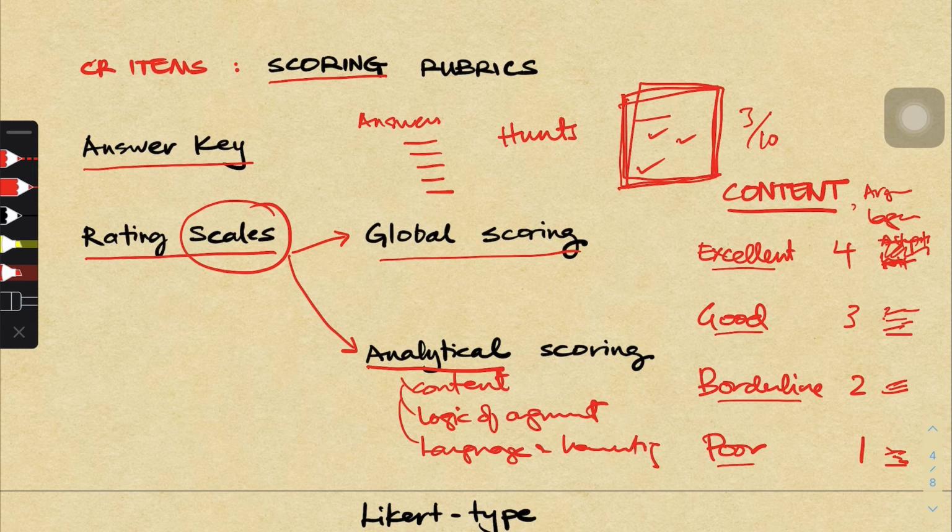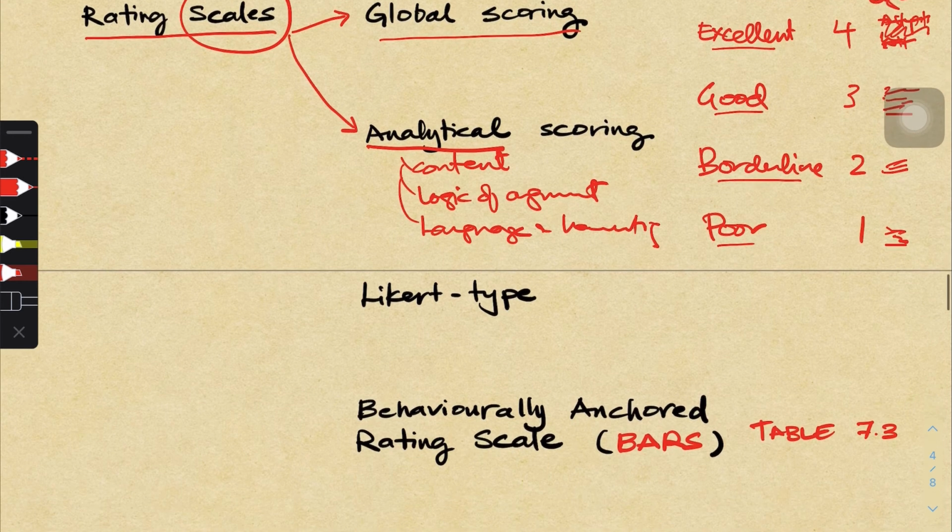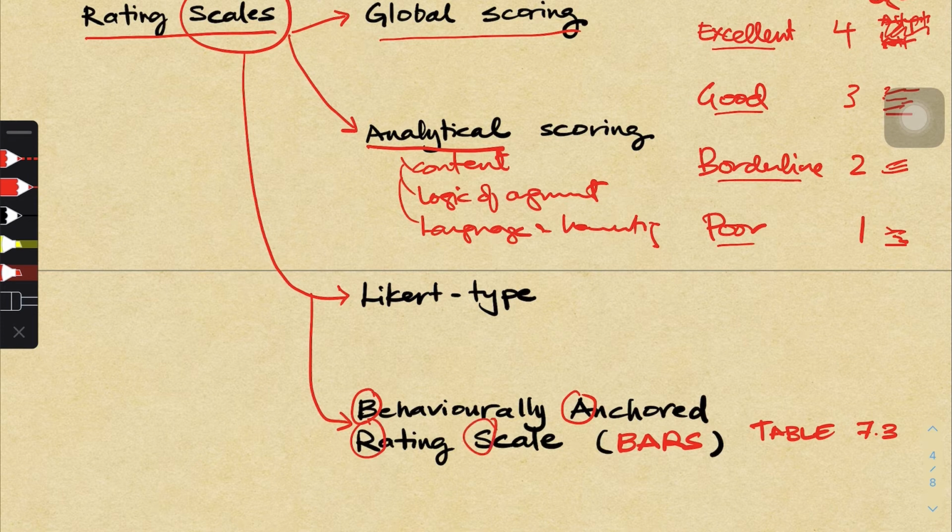Another feature of rating is that you can have Likert type scoring, or you can have a behaviorally anchored rating scale, or BARS. You can have a look at table 7.3 on page 115 for an example of a BARS.